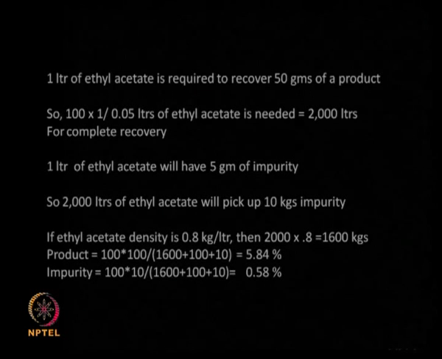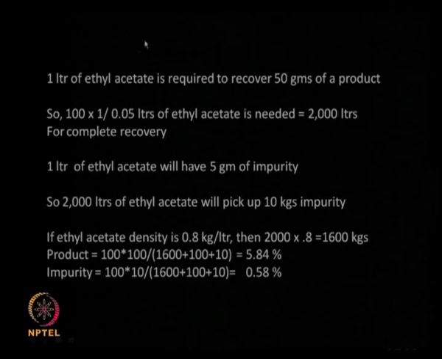This is a theoretical value, actually an ideal condition. Generally there is always an efficiency. Even if you add 2000 liters you might not be able to recover all the 100 kg because of real partitioning, because of miscibility problems, because you do not give enough time for the solvent to come in complete contact with the product.